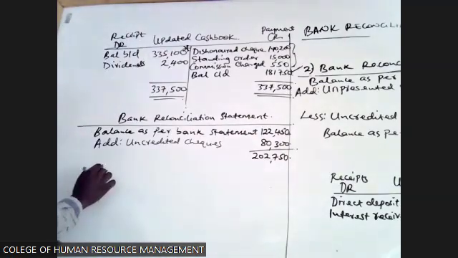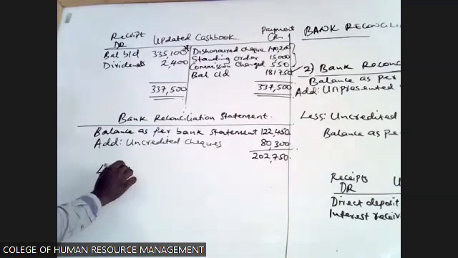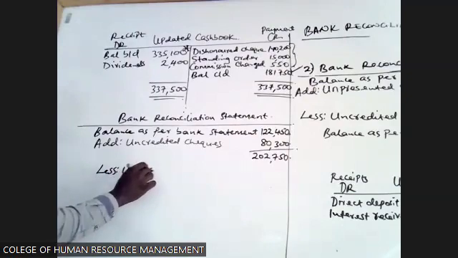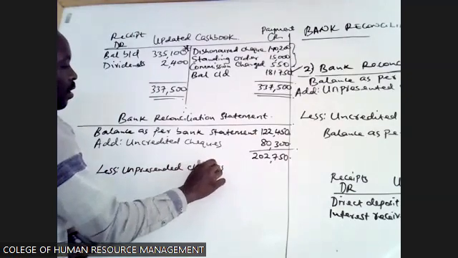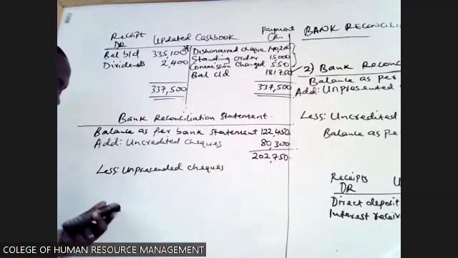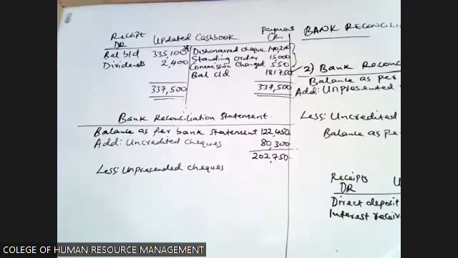Then from that figure, you less unpresented checks. They are under statement number 4, checks issued to suppliers amounting to 21,000 had not been presented to the bank for payment.